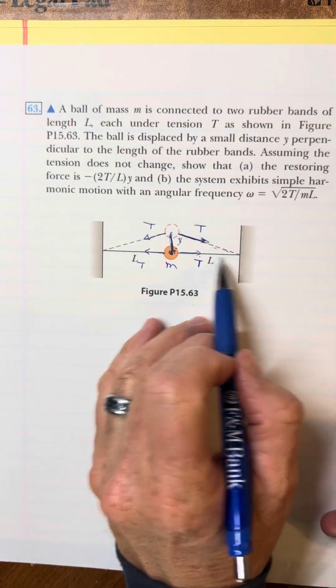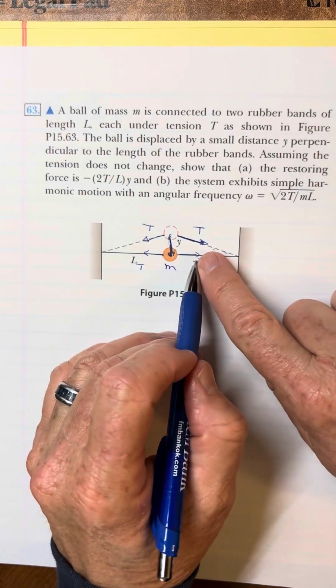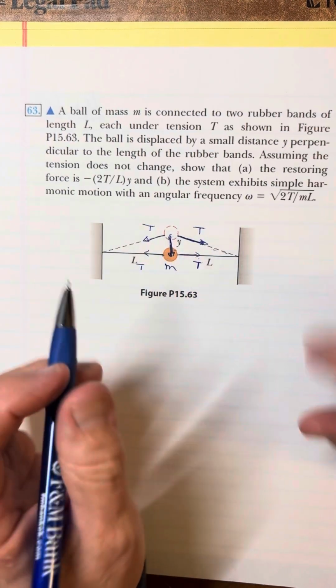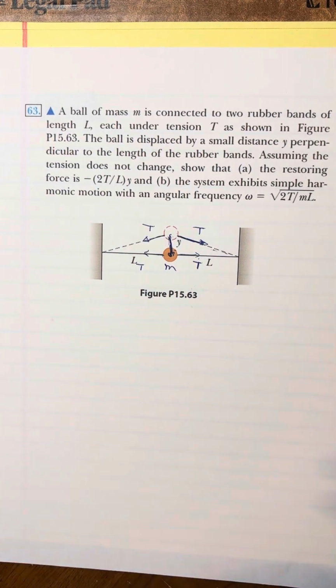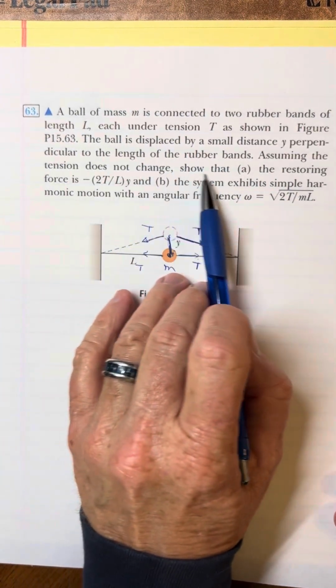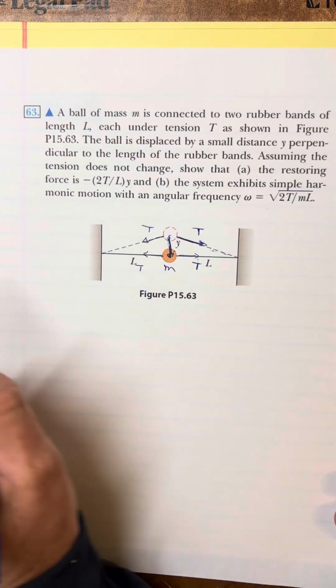It depends on how long these lengths are, especially if these aren't drawn to proportion. If this length was really far compared to the vertical displacement, this would be minor and wouldn't change the tension. So we're told, assume that the tension does not change. Show that A, the restoring force, is equal to this.